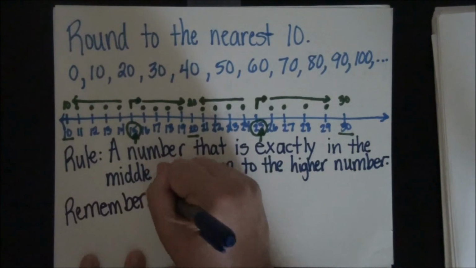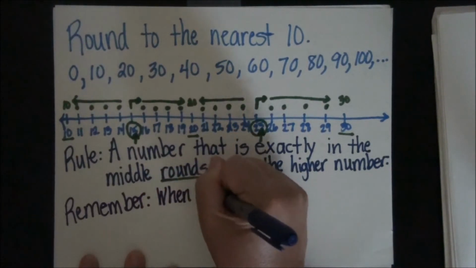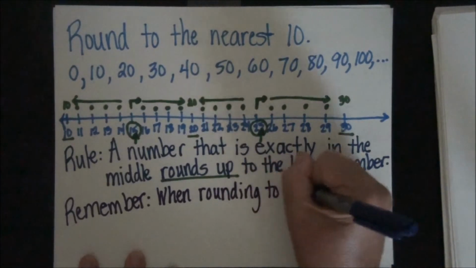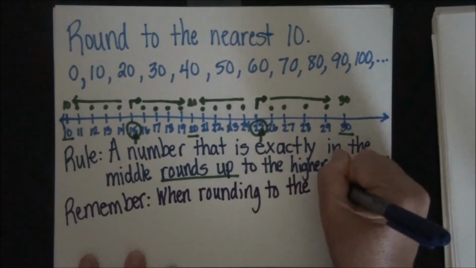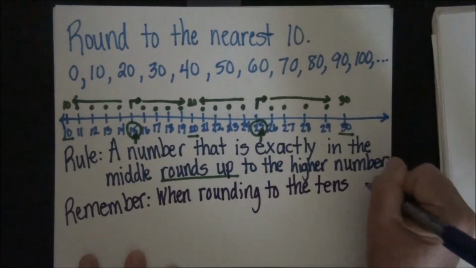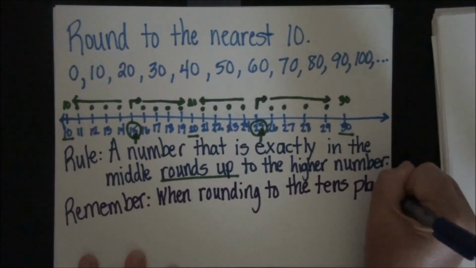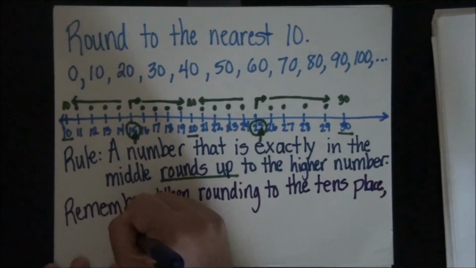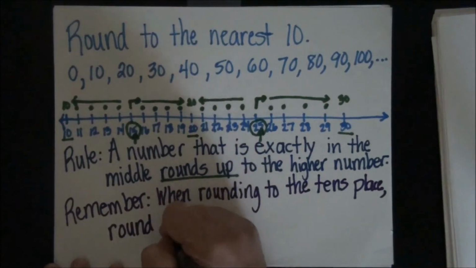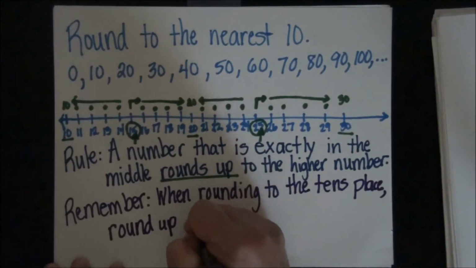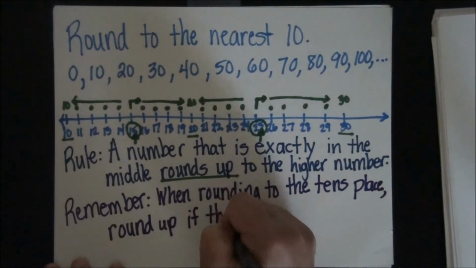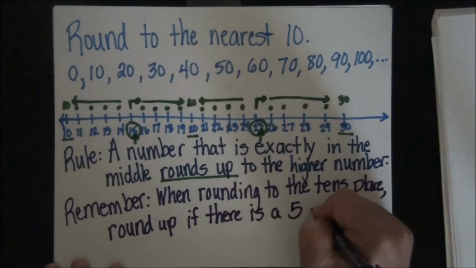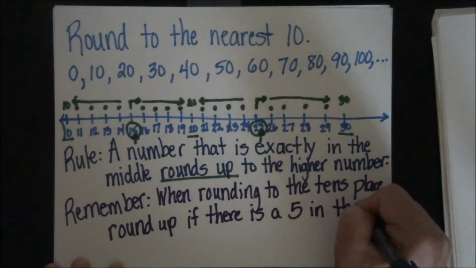When rounding to the tens place, round up, there's our round up again, if there is a 5 in the ones place.